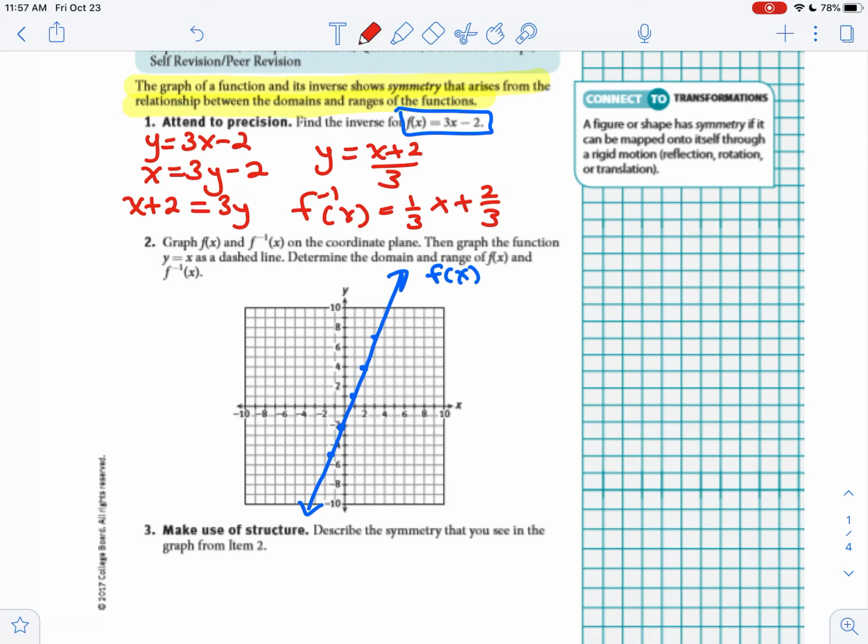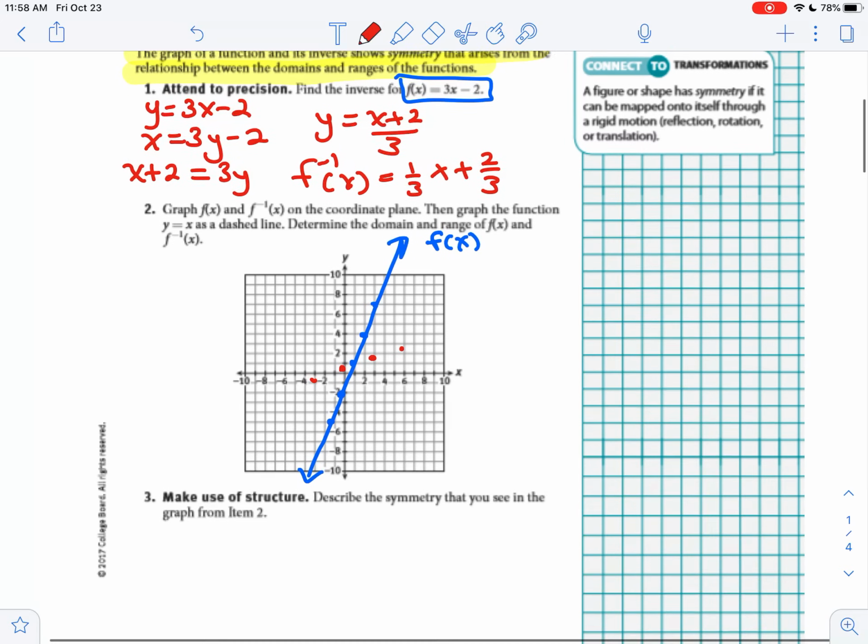Then I'm going to use red to graph the inverse of f of x, f inverse of x. For this one, we are going to start at 2/3, and then we're going to go up 1 over 3. So 2/3 is right about there. We'll go up 1, 2, 3.